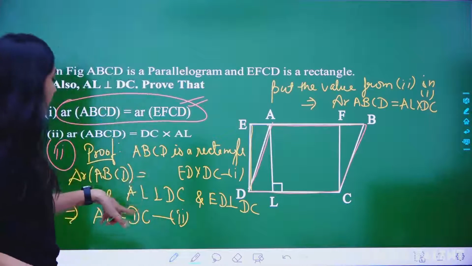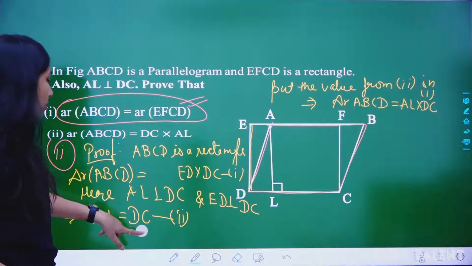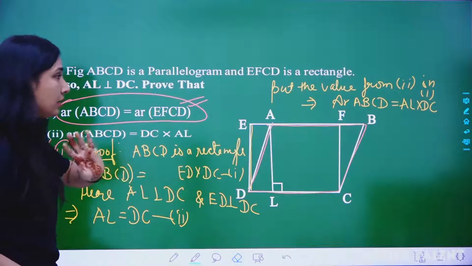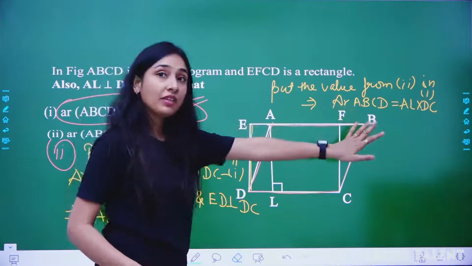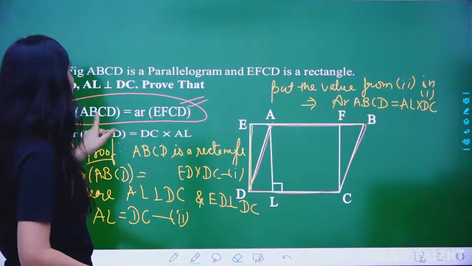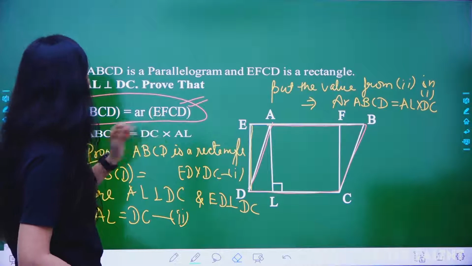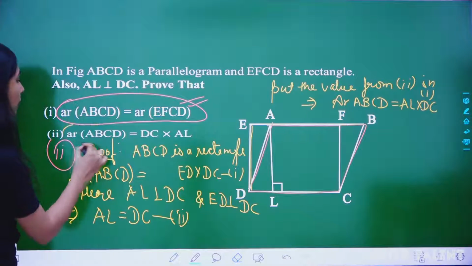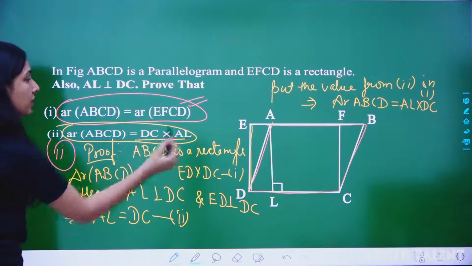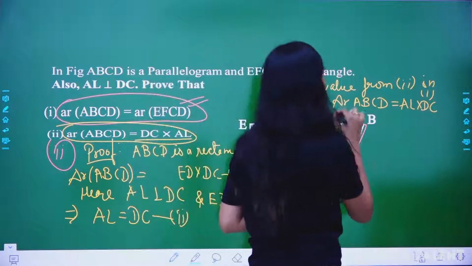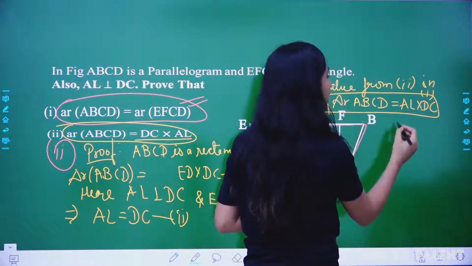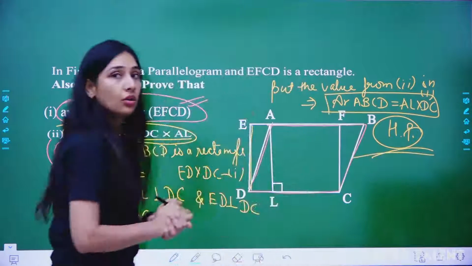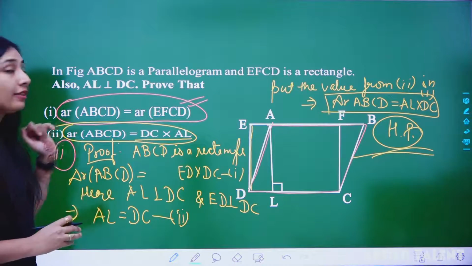Now we have the area of ABCD, and we have proved that area of ABCD equals area of EFCD. Here we only have to prove about the area of ABCD, and we have proved it is DC multiplied by AL. So area of ABCD equals AL multiplied by DC. Hence proved. Okay, so done with that question.